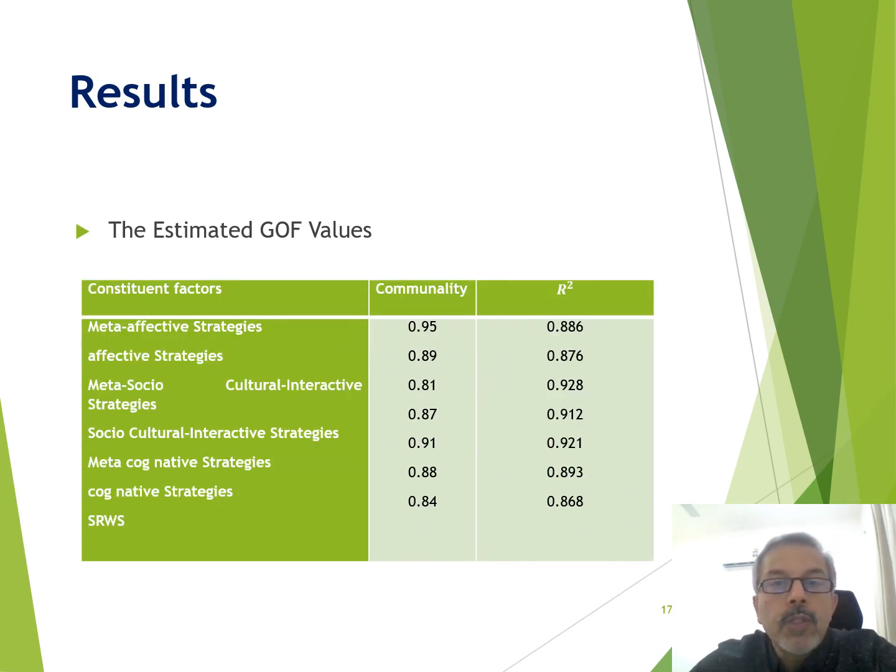Now, when we come to the major one, the goodness of fit values, GOF values, you can see that all of the estimates in the table are well above 0.7. That means that all of them enjoy construct validity, convergent validity, and divergent validity too.